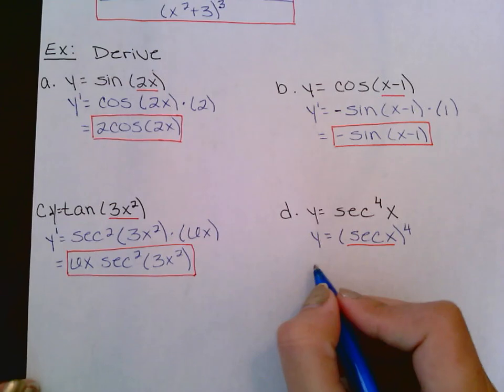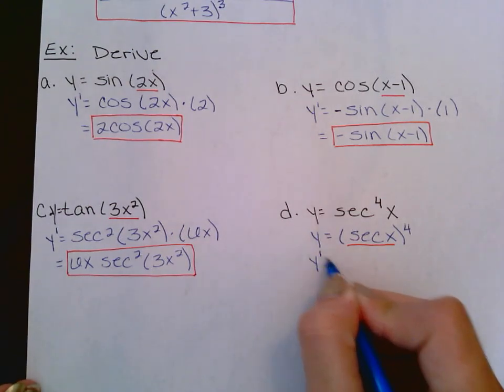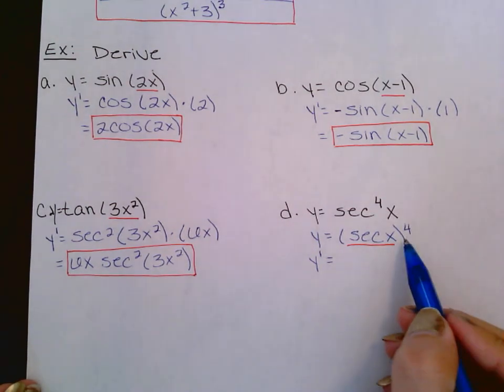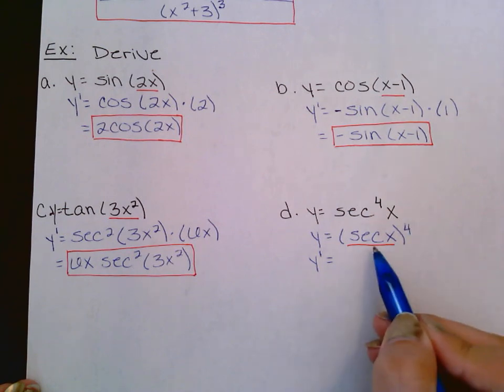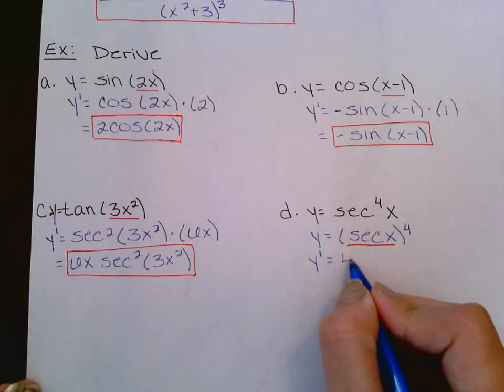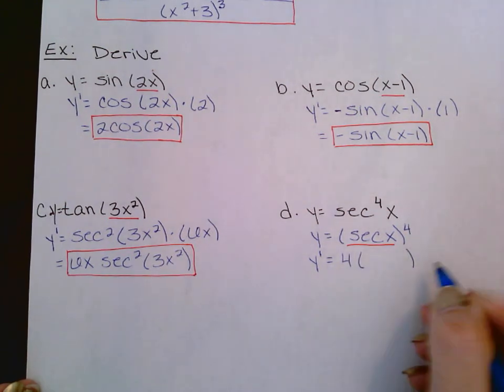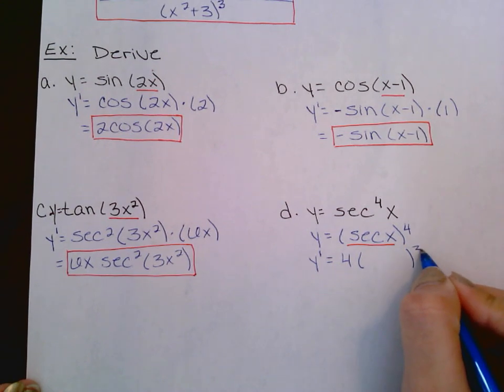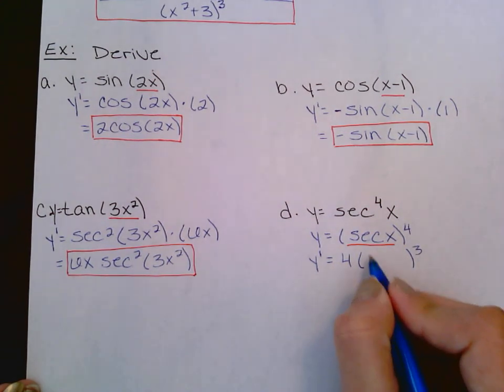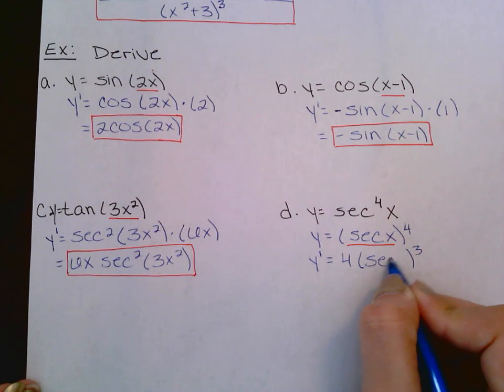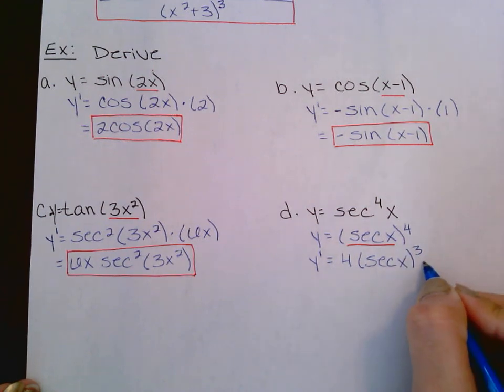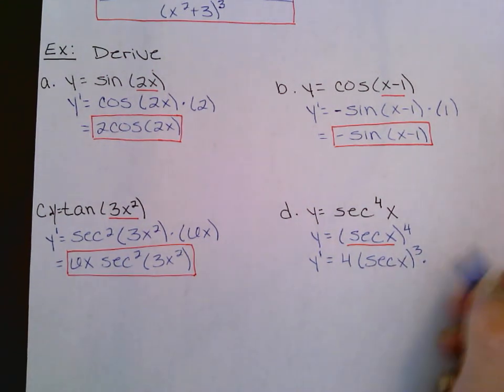Okay? So y prime, now I'm going to do the derivative. Derivative of the outside, now the outside is this something to the 4th, would be to multiply the 4 to the front, subtract 1 from the 4, and that gives me 3. So that's derivative of the outside. Rewrite the inside times derivative of the inside.